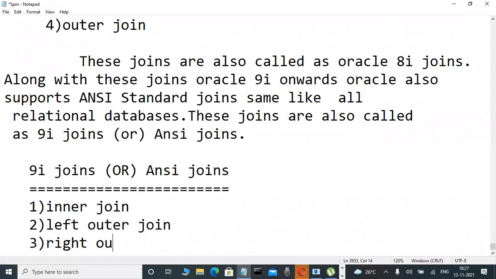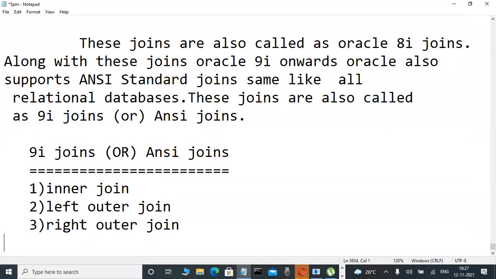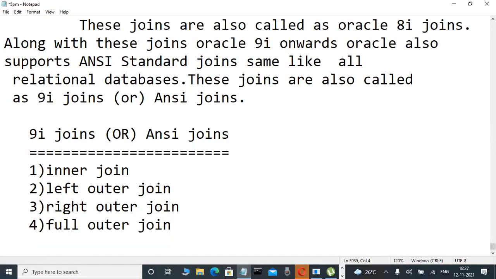Right outer join, otherwise right join also; outer is an optional keyword. Another one is full outer join. Next is natural join. Cross join is also there, but I'm not noting it down, because I'll explain cross join explicitly first. That much powerful. Write it.